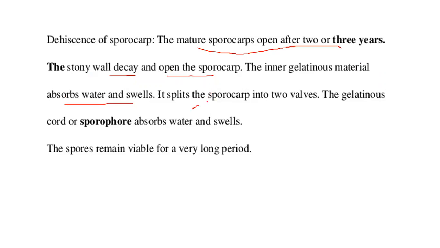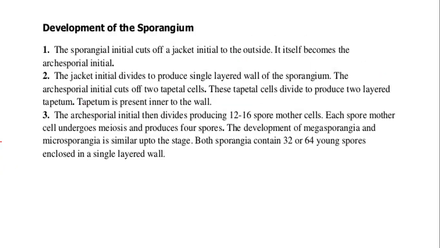As a result, the sporocarp will split into 2 halves, and the spores, which remain viable for a very long period, when it breaks, all the spores present inside will break up and form the spores. Now how these sporangia are developed, you can see here.